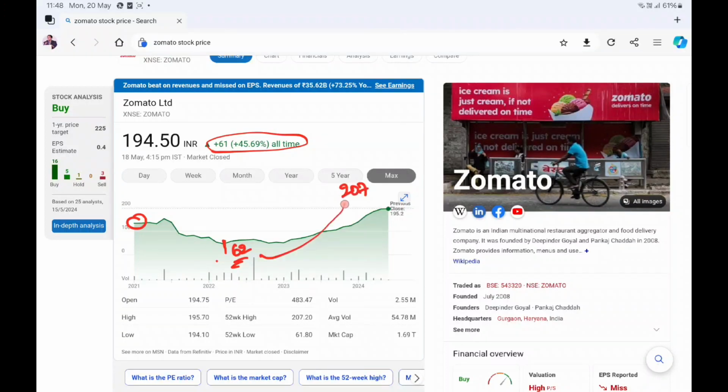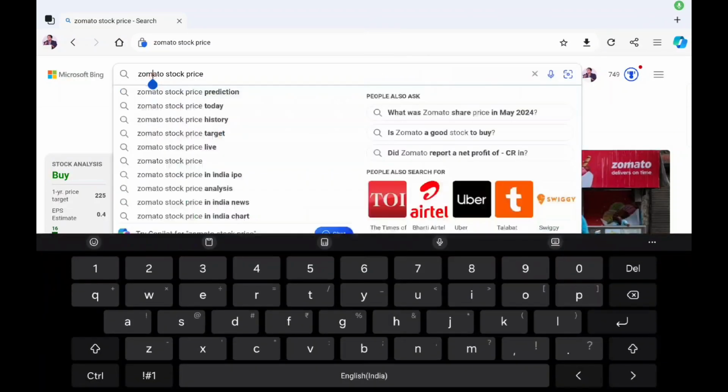So you can see the price difference. It's more than 3x in the last 2 years itself. From 62 rupees it went up to 207 rupees.